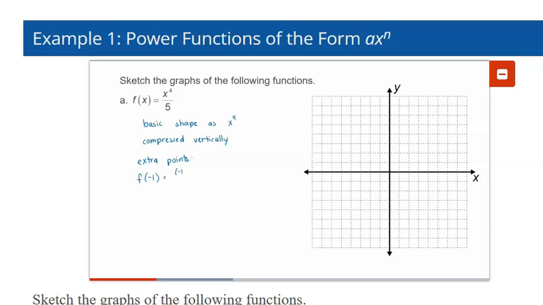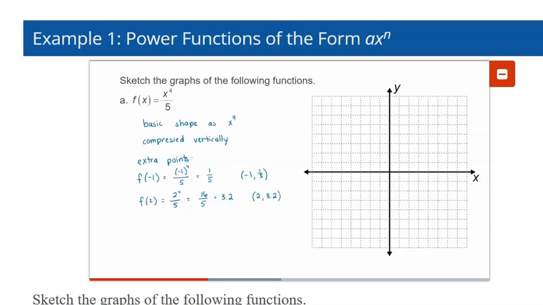So f of -1 is -1 to the fourth over 5, which is 1/5. So this gives us the point on the graph, -1, 1/5. Next, we evaluate at x equals 2. So f of 2 is 2 to the fourth over 5, which is 16/5, which in decimal form is 3.2. So this gives us the point 2, 3.2.